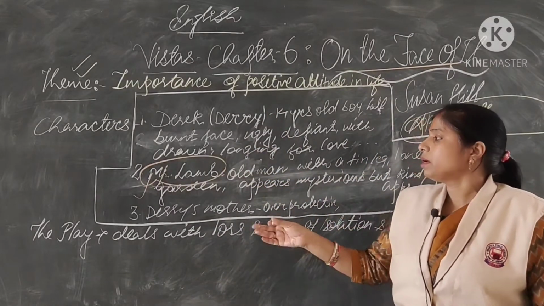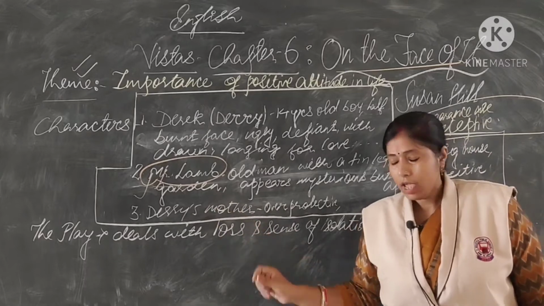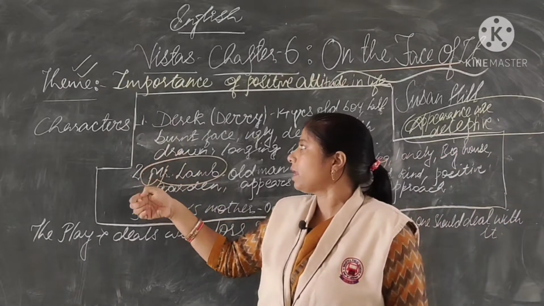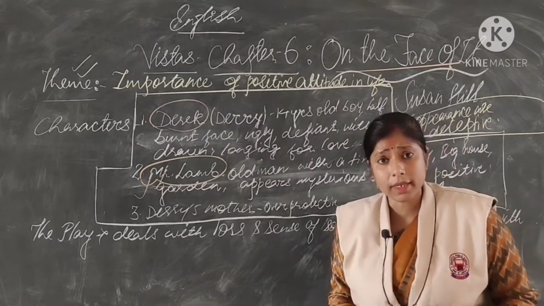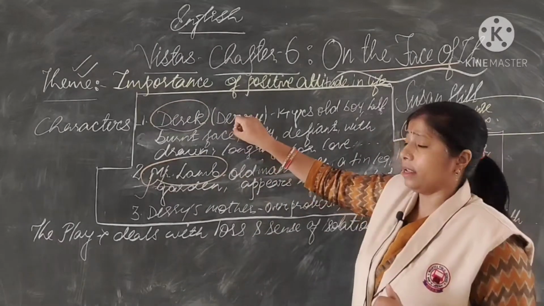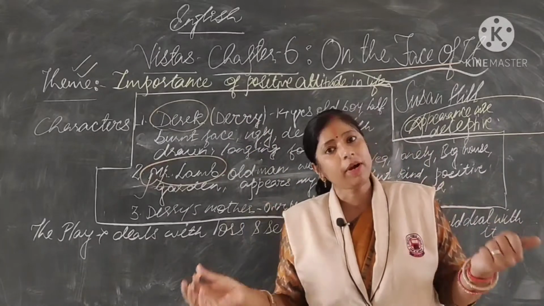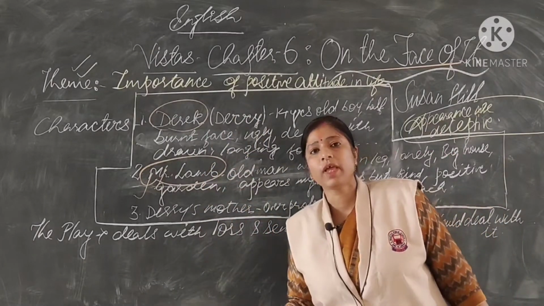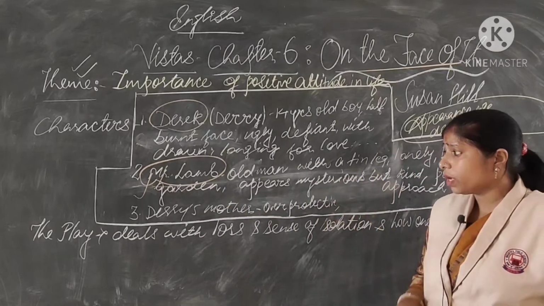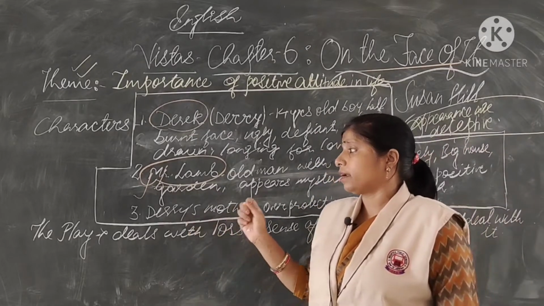And then Derry's mother, a minor character. His name is Derek, but he does not like his name. That's why we use Derry. He wants everyone to call him Derry. Then we have Mr. Lamb, and at last we have Derry's mother. So she is a minor character.